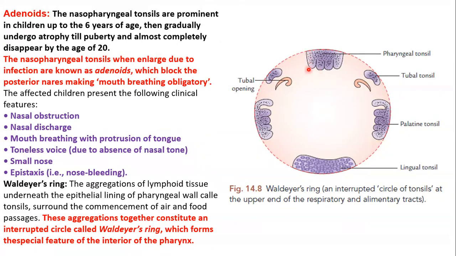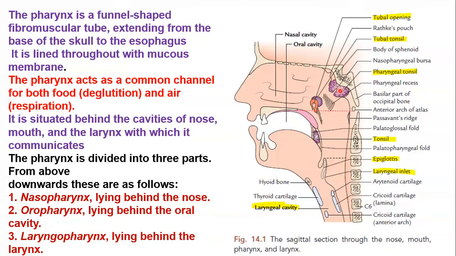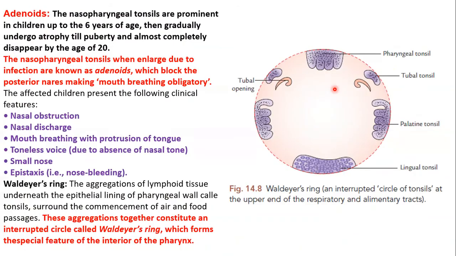It is not that the gland disappears, but its prominence, which is present in children, is known as the adenoid. So adenoid is present only at the age of 6 years. Now this nasopharyngeal tonsil, when enlarged due to infection, is known as the adenoids, which block the posterior nasal opening because it is present in the posterior part of the nose and in the roof of the nasopharynx.